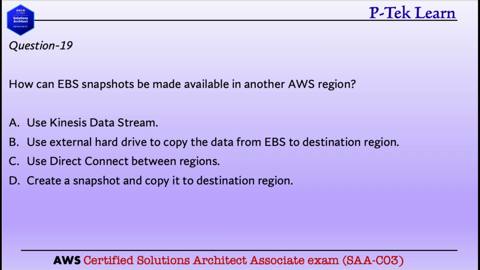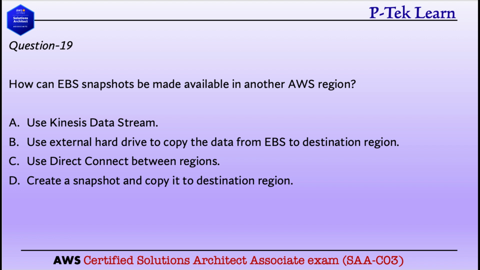Okay, let's see the options. Option A. Use Kinesis Data Streams. Kinesis Data Streams is for real-time processing of streaming big data, right? So that's not applicable in this scenario. Option B. Use an external hard drive to copy the data from EBS to the destination region.